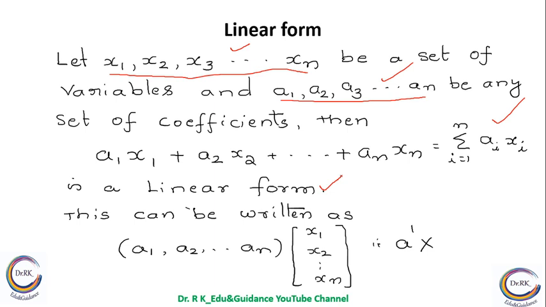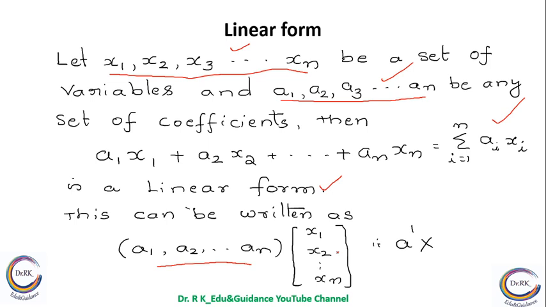If it is in linear form, how do we represent it in terms of a matrix? This linear form can be represented as the row matrix a1, a2, so on, an, times the column matrix x1, x2, so on, xn.